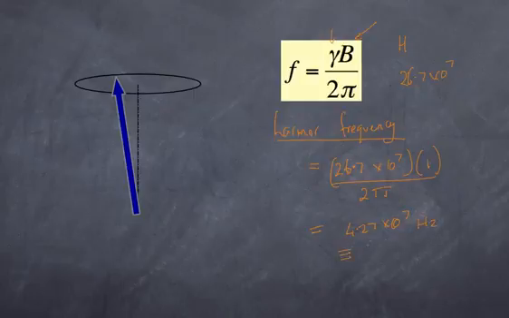Or, more frequently put, it is basically equal to 42.7 megahertz. Now that is very significant because that frequency of 42.7 megahertz happens to be in the same range that we would classify as radio frequencies. And that becomes the subject of my continuing lesson.